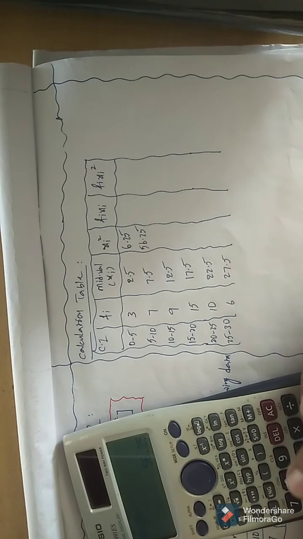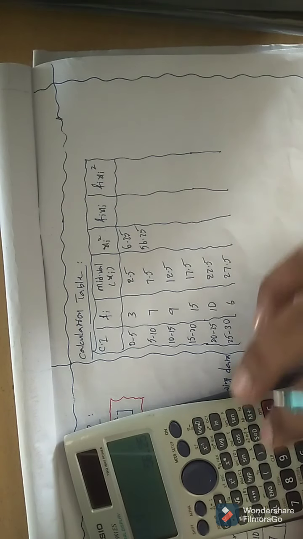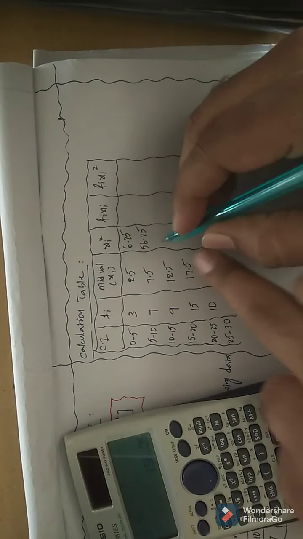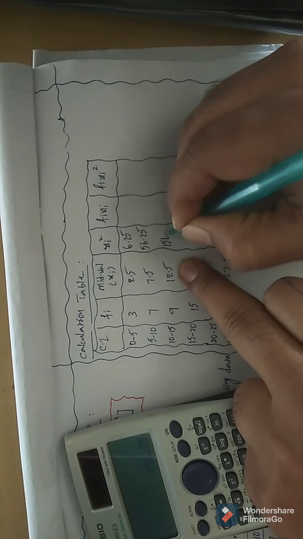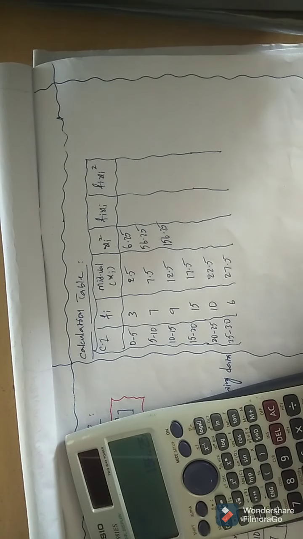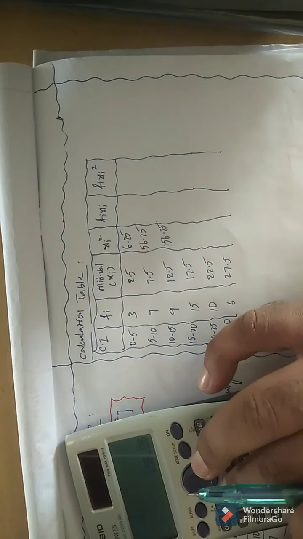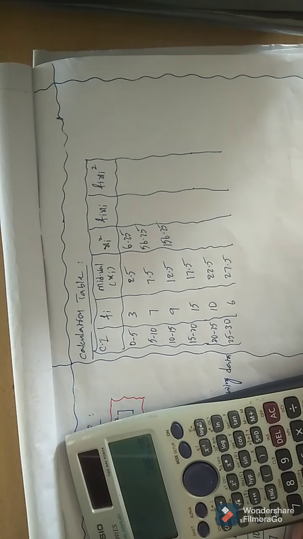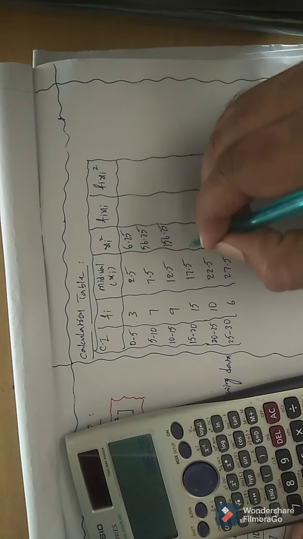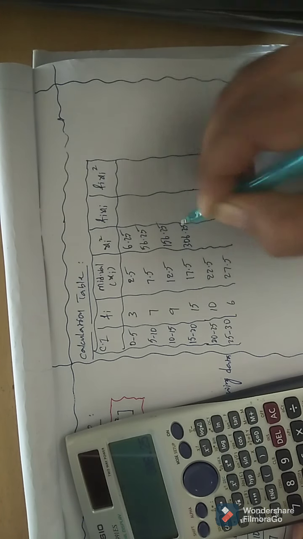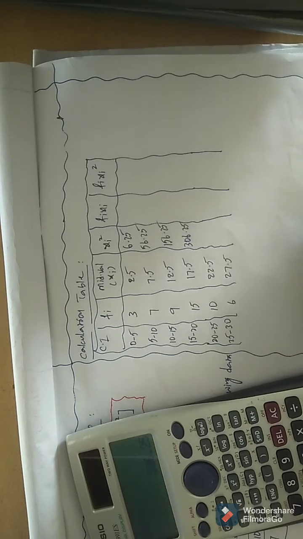Now 12.5 square, that is equal to 156.25. 17.5 square, that is equal to 306.25.